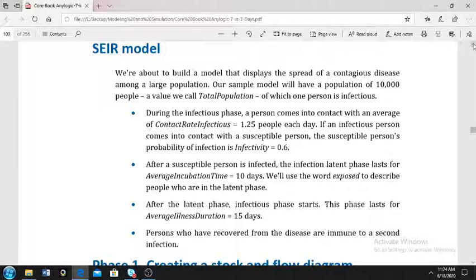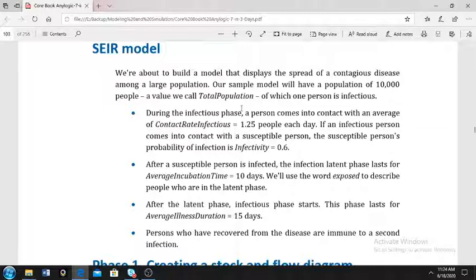So let's read a bit. We are about to build a model that displays the spread of a contagious disease among a large population. Our simple model will have a population of 10,000. So the sample is 10,000. This 10,000 is what we call total population, but it's a sample. You know what sampling is.